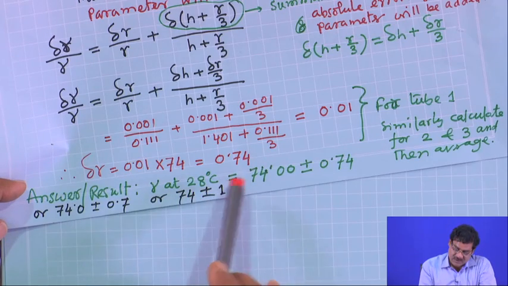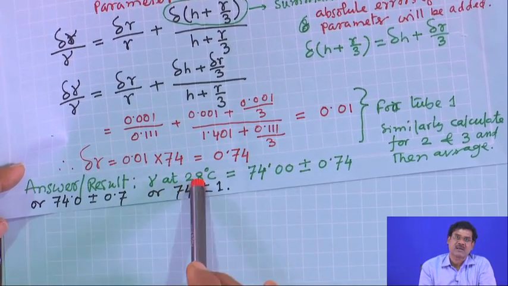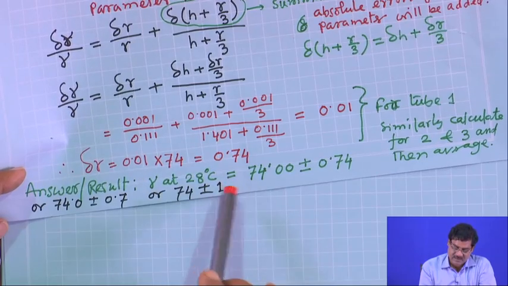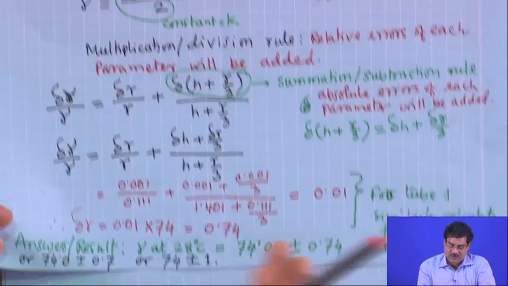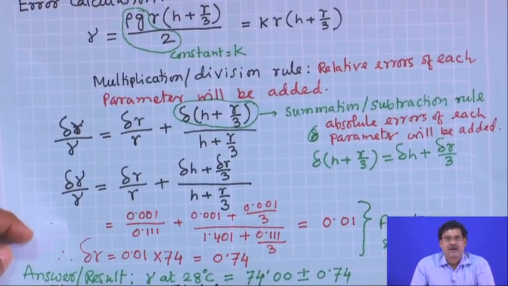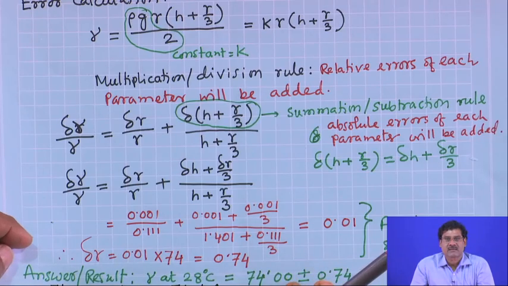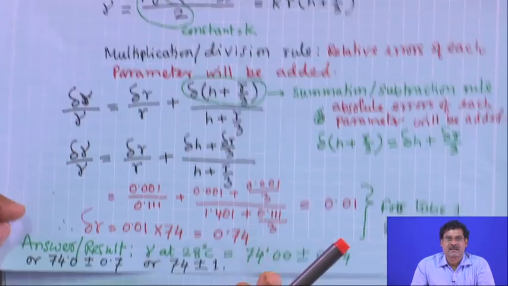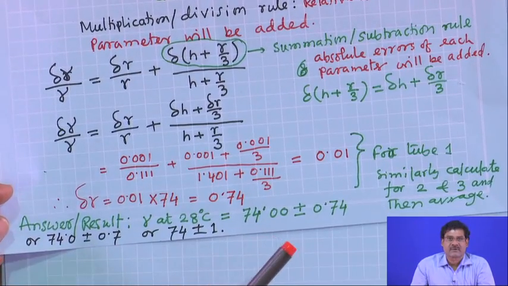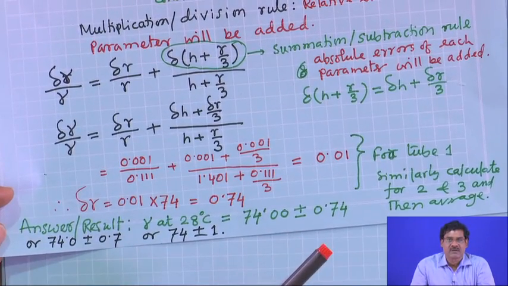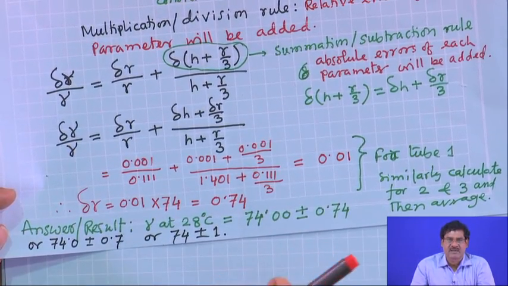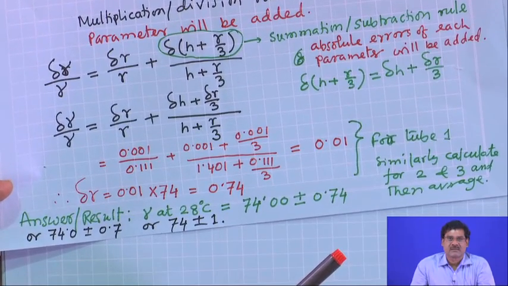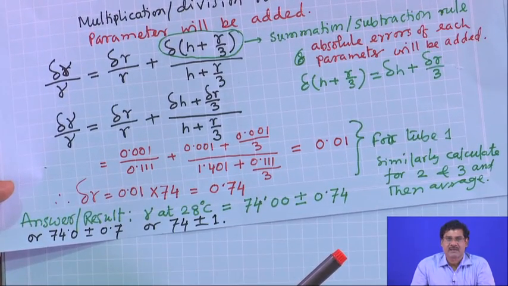That is why I would prefer to write 74 plus minus 1 as the result. This is the analysis of data, error calculation and result of the surface tension of liquid we measured by the capillary rise method.